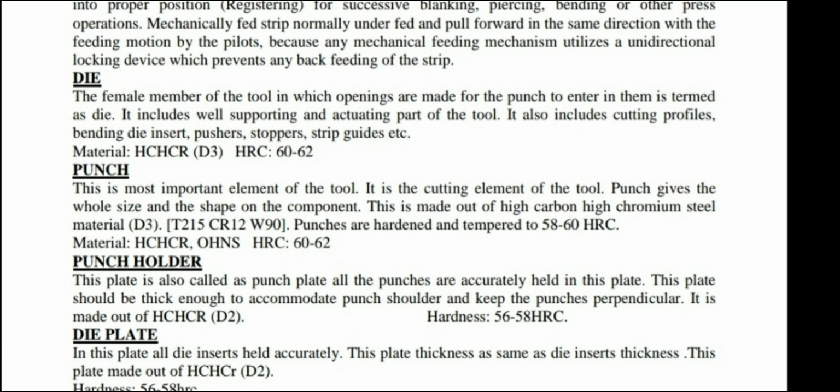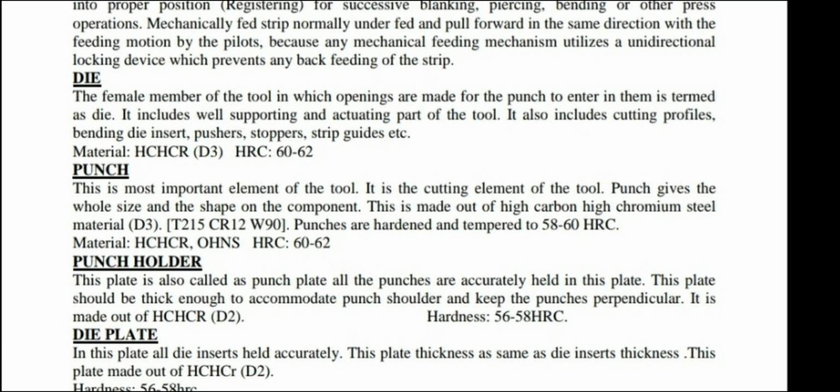The material is HCHCR or OHNS and hardness number is 60 to 62. Punches are hardened and tempered to 58 to 60 hardness number.